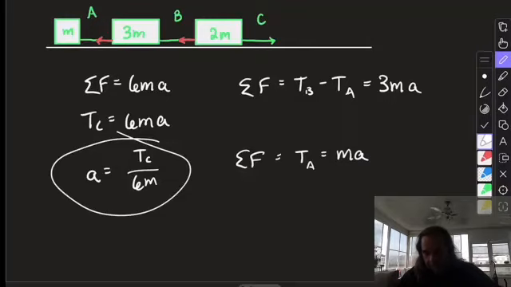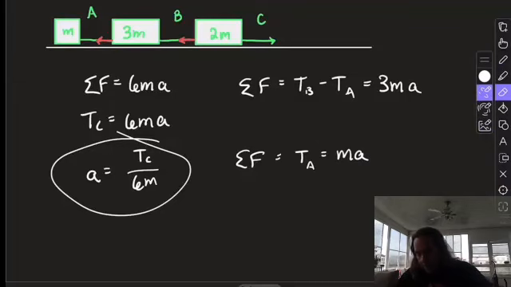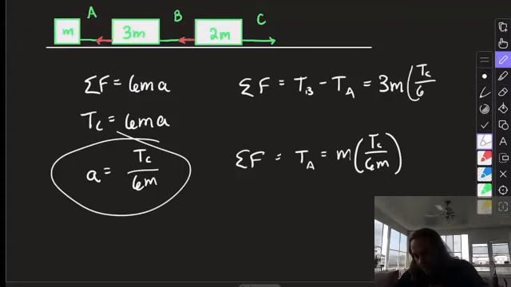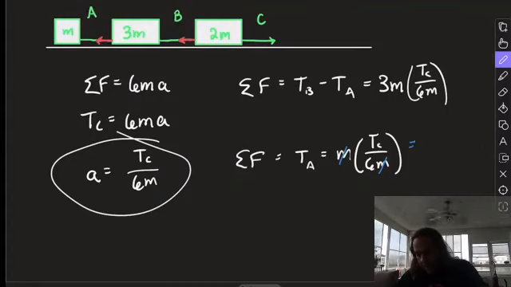But if you look carefully, A is tension C over 6M, and A is tension C over 6M. M's cancel here, and I get that tension A is 1/6 of tension C.